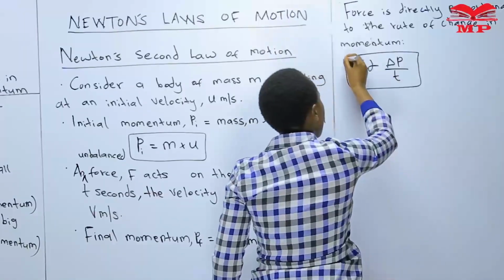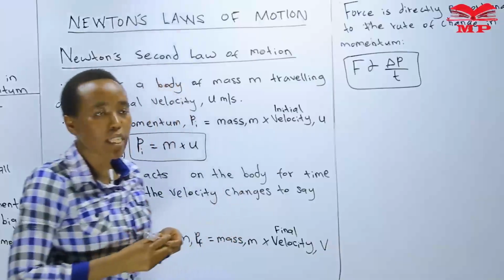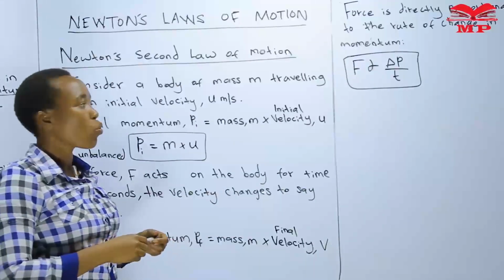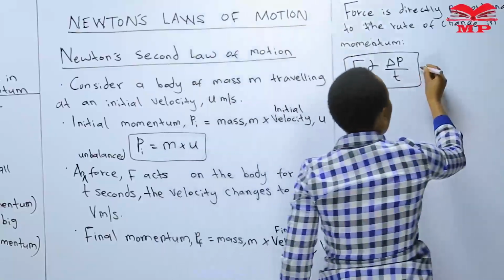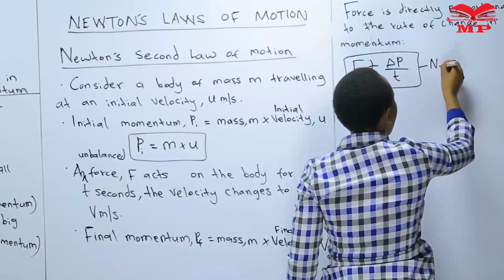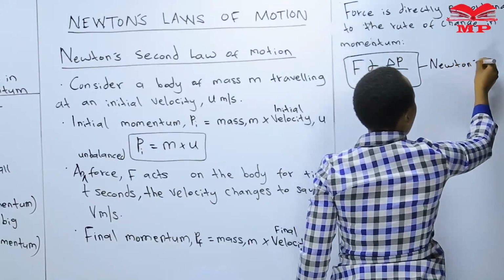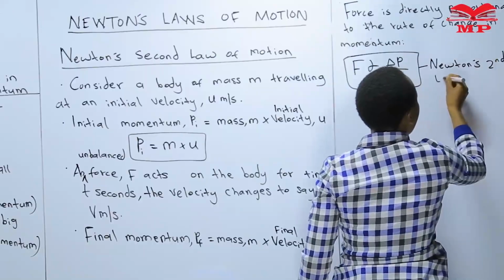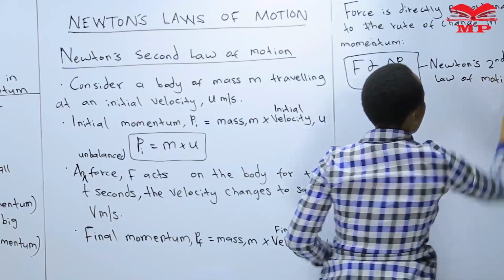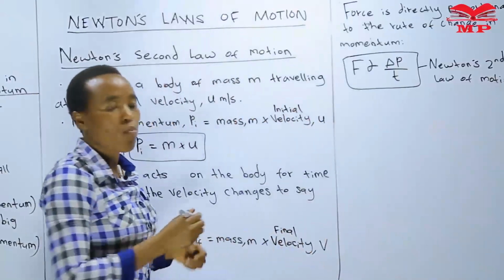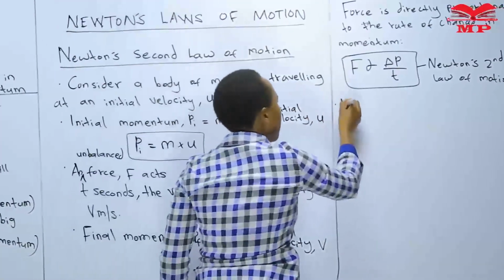So when we have this relationship where force is directly proportional to the rate of change in momentum, this is simply what we are referring to as Newton's second law of motion. And I want us to state Newton's second law of motion.